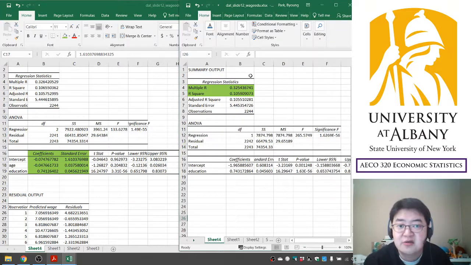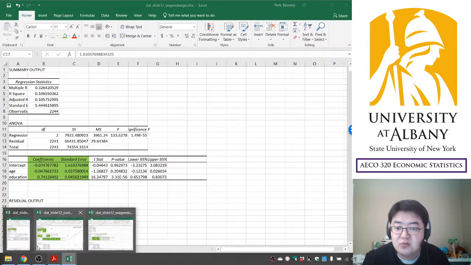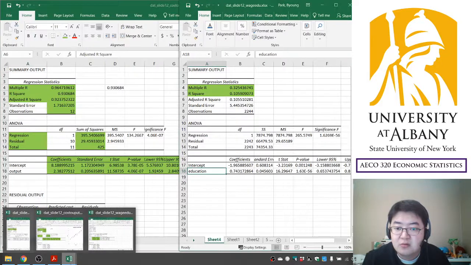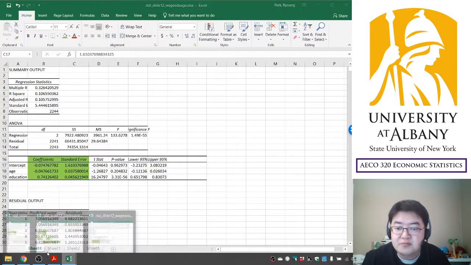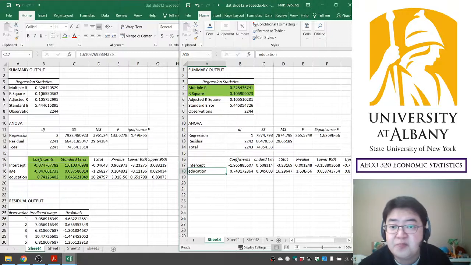This result uses only education, and this one also uses age. Excuse me. So first compare the R square. R square was 10.59%, but it increased to 10.65%. Increased a little bit, very little.